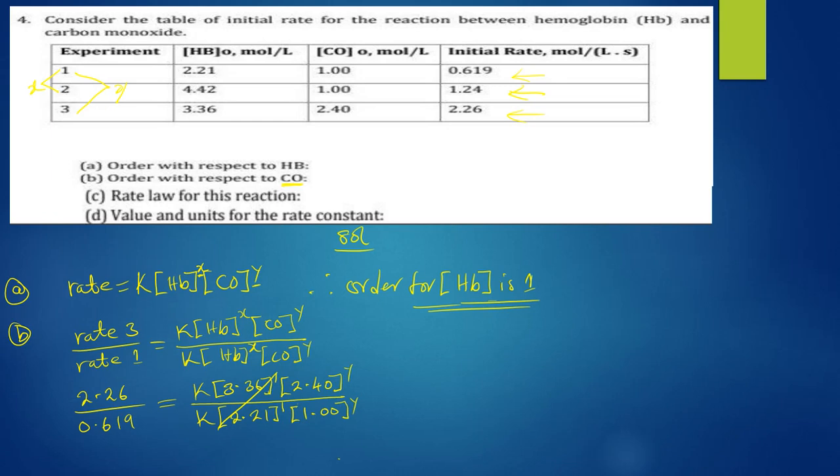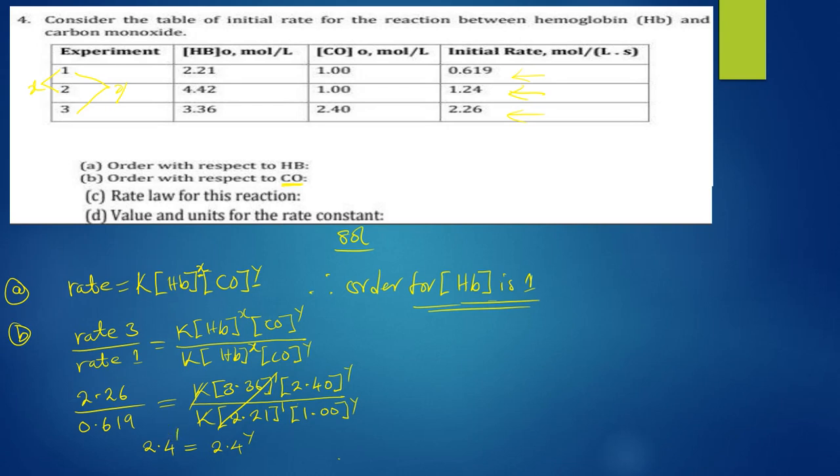So here we just have to divide now. What is 2.26 divided by 0.619? You're going to get 2.4, like that, is equal to, then we have already cancelled that. And then here we divide 2.40 divided by 1.00, we're going to get 2.4 here as well. So we raise it to power y. Then the bases are the same. What do you do? You equate the powers.